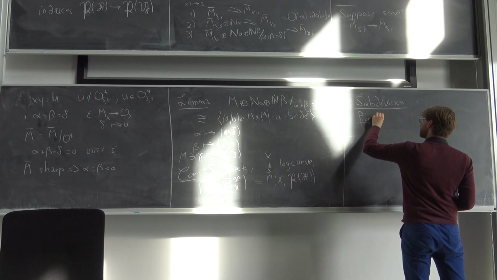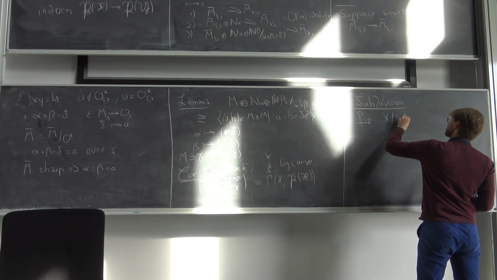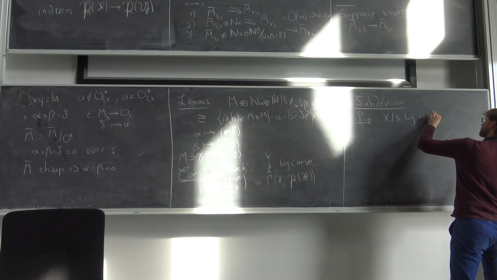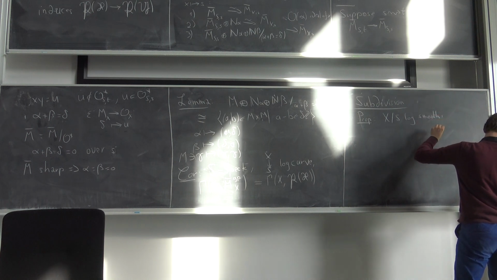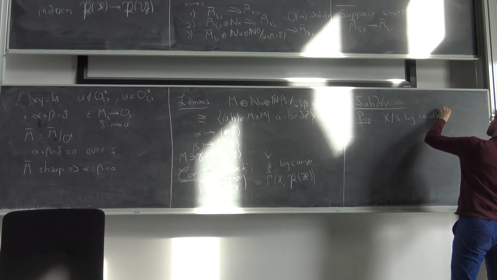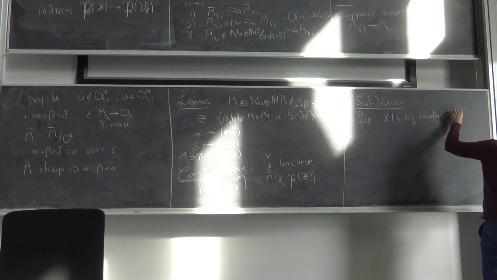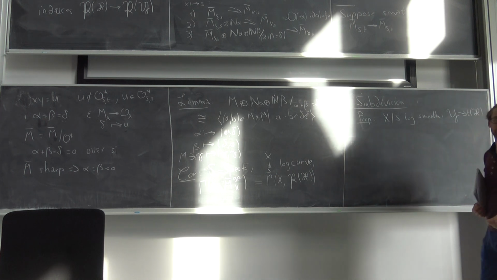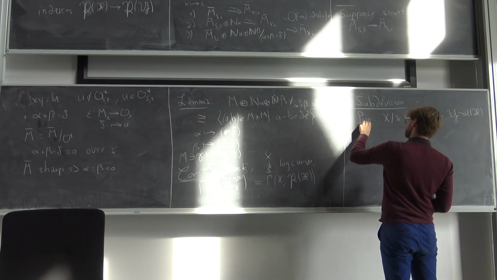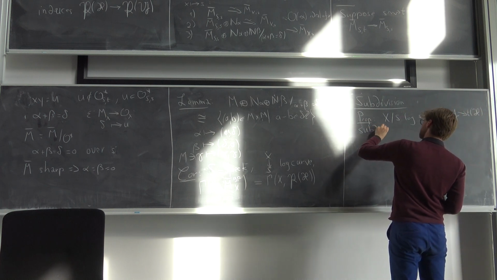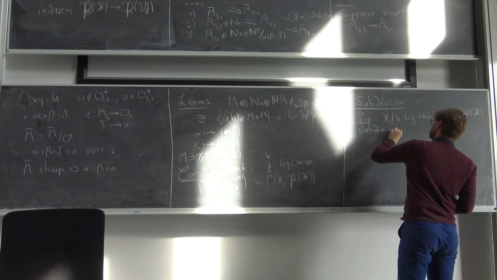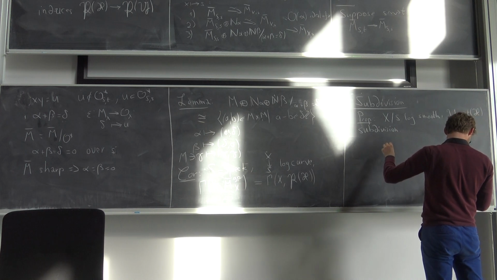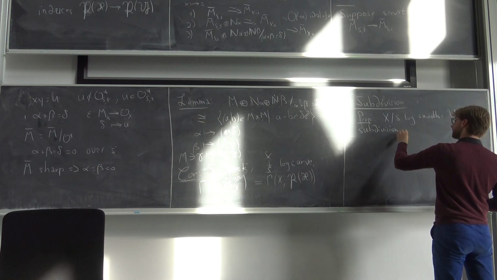So I'll write it down. We have X over S log smooth, and there's some Y going to the tropicalization of X, a subdivision.